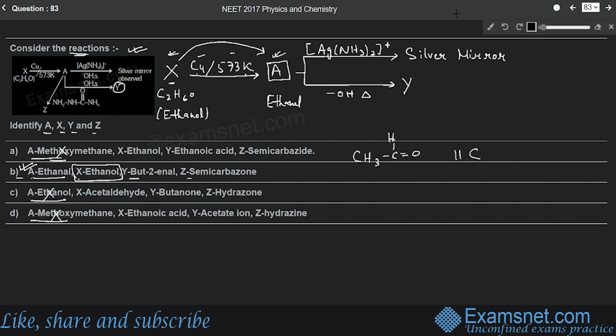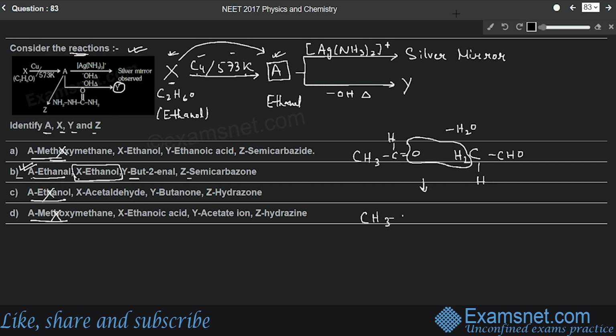So I'm writing CH2 and H separately so that I can show the reaction here. Then CHO. Now oxygen from one ethanal molecule and hydrogen H2 from another ethanal molecule will come out as a water molecule. Okay, so basically dehydration will take place and what will form here? A formation of double bond will take place.